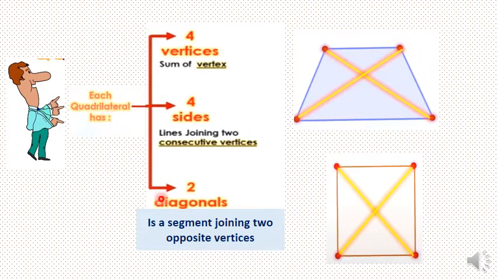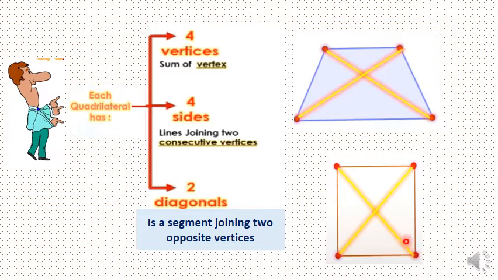And a quadrilateral has 2 diagonals. What is a diagonal? Look at the figures below. The yellow segments are called diagonals. The diagonal is a segment joining two opposite vertices.